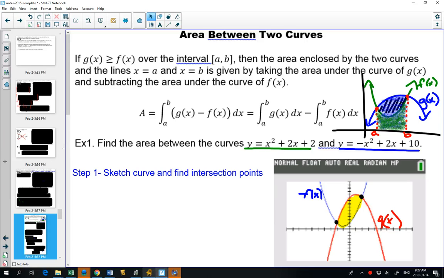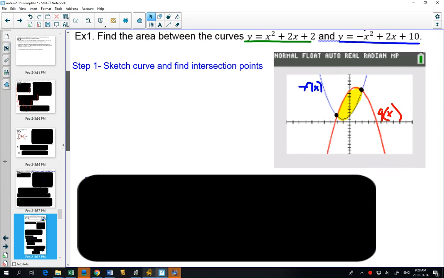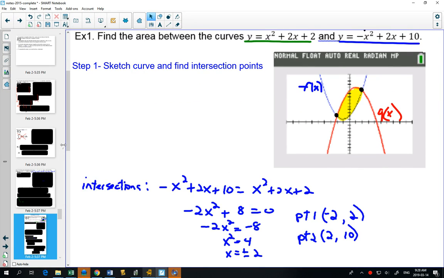So to find those intersection points, we just set those equations equal to each other. And what do you know? We were right. It's at -2, 2 and +2, 10. The y coordinates really don't matter. You're just really interested in finding out that it's going from -2 to 2.